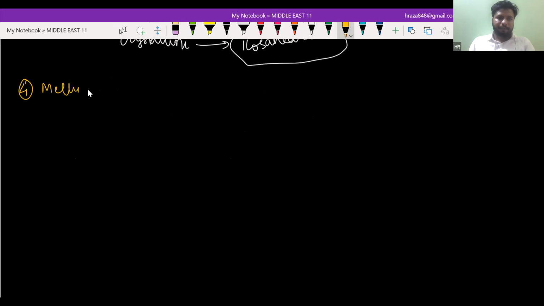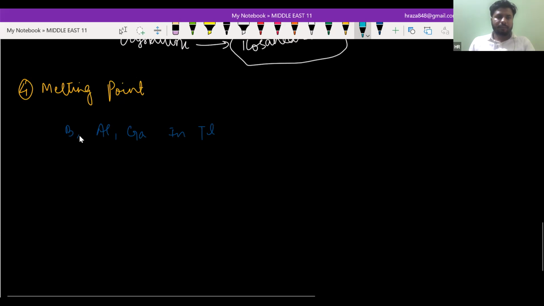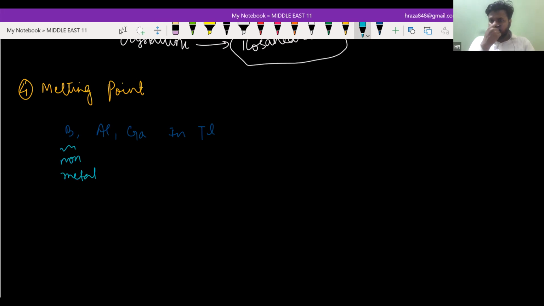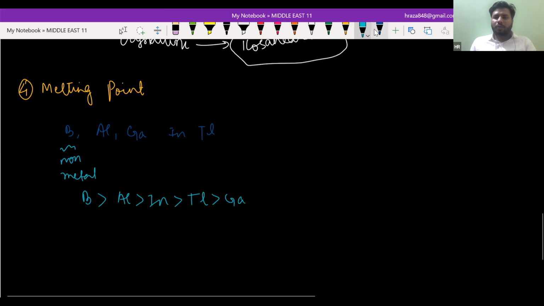Melting point. Since boron has an icosahedral structure, consider boron, aluminum, gallium, indium, thallium. Boron is a non-metal, and in spite of being a non-metal, it has the highest melting point, then aluminum, then indium, then thallium, then gallium. Why is it so?